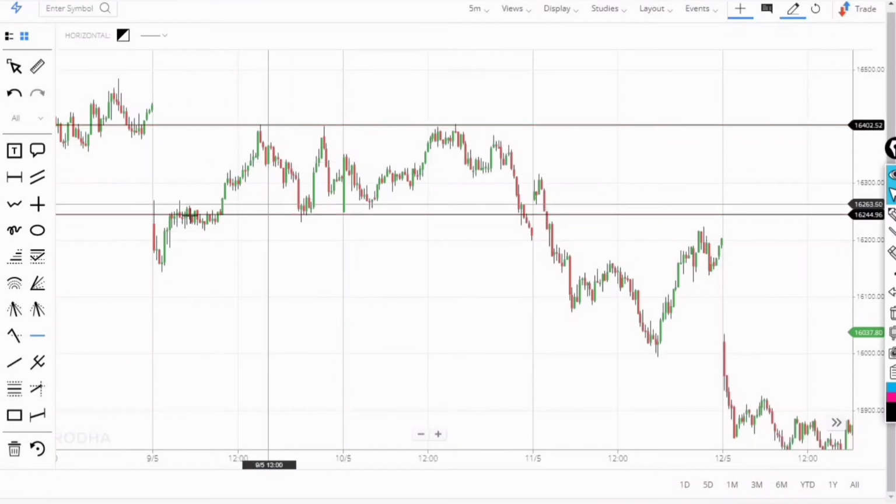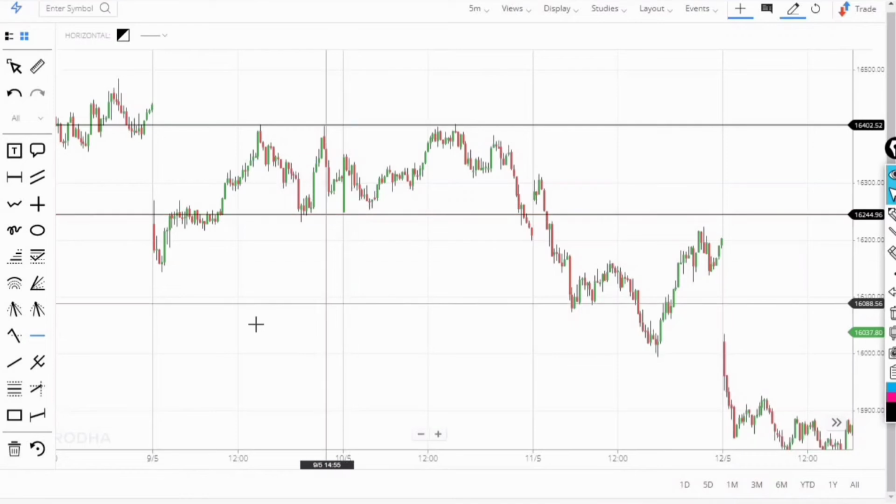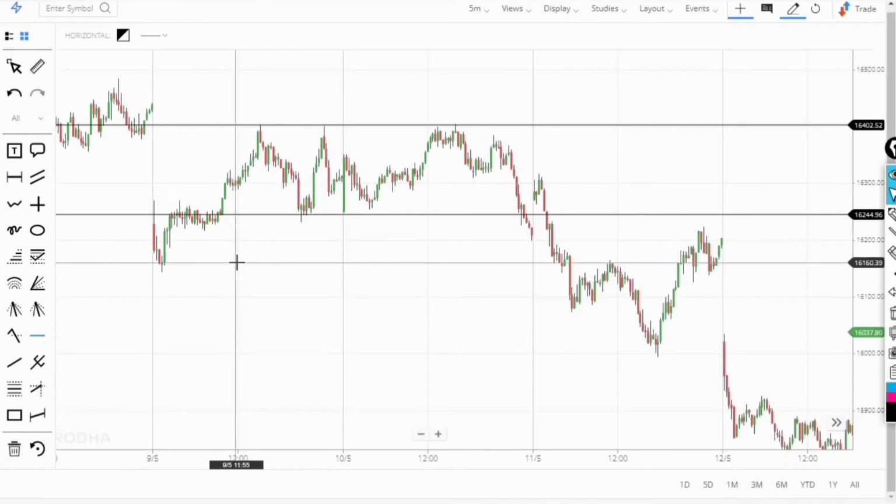So this is the beauty of support and resistance. Price will move in that particular zone for a certain period of time. If that support and resistance breaks, then only we can take entry definitely and earn profit.